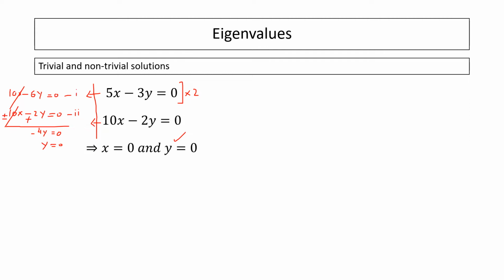Say we plug it in the second equation, which is 10. You can also plug this into the first equation, minus 2 into 0 equals 0, and easily we can get x equals 0.